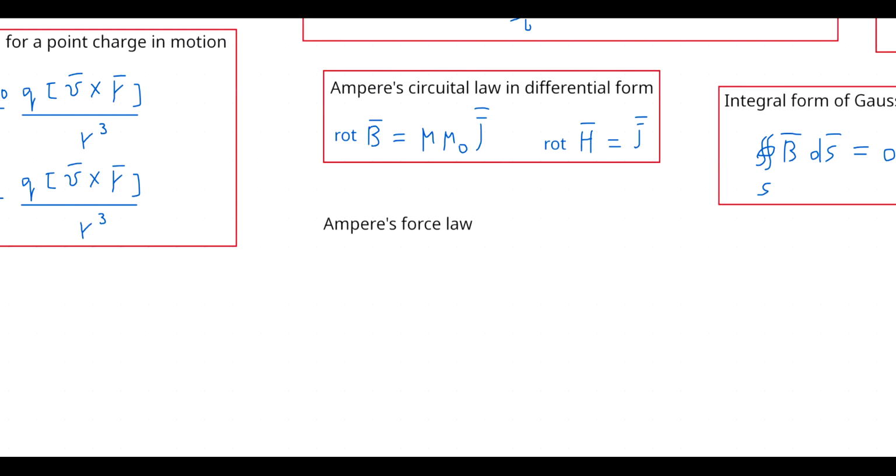So Ampere's force between the magnetic field and an element of conductor dL can be written in this way.